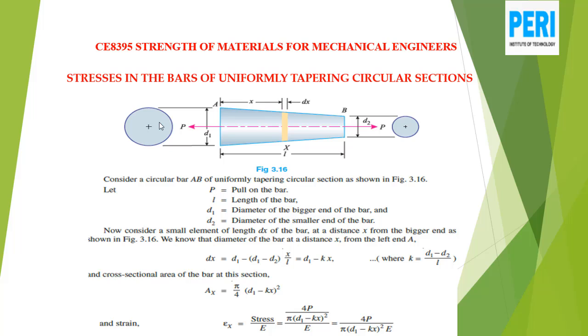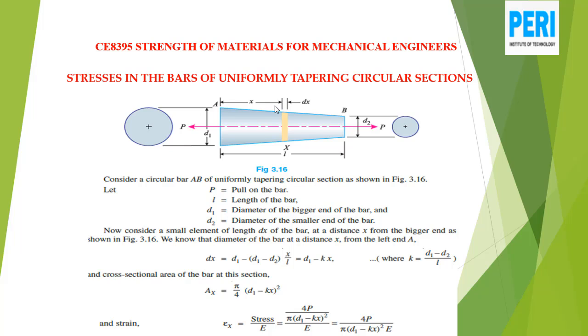P is the pull on the bar, that is the load. L is the length of the bar. D1 is the diameter of the bigger end, D2 is the diameter of the smaller end. Now consider a small element dx at a distance x from A, with thickness dx only.